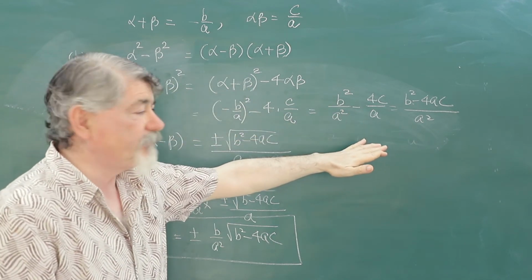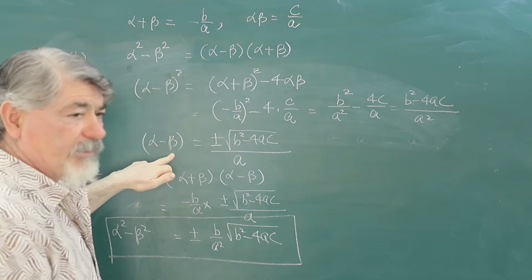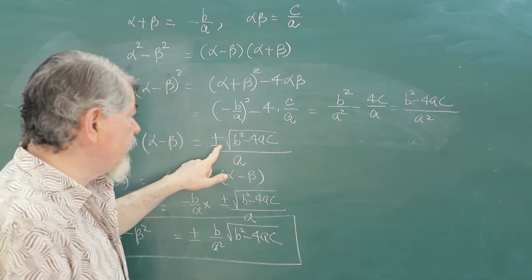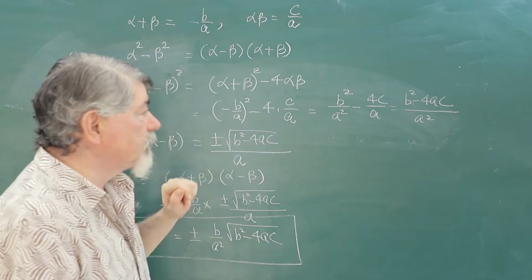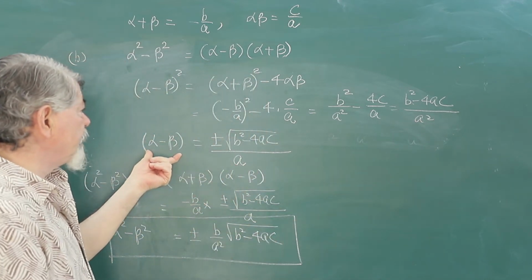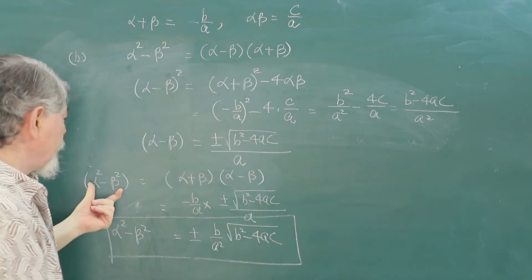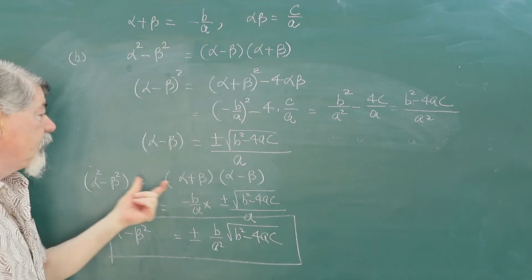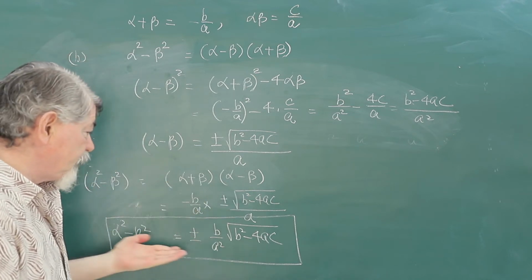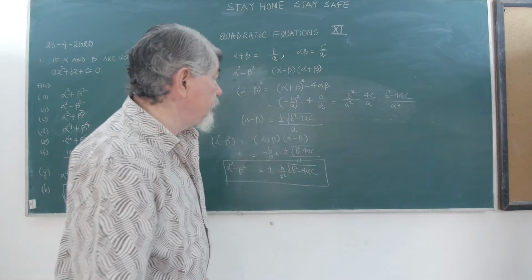Simple calculation we have done. It was to the power 2. So when we took out alpha minus beta, obviously when you take out the square root, you put plus minus under root b square minus 4ac, and this a square will become a. Now you've got alpha minus beta. Already alpha plus beta is known to you. So alpha square minus beta square will be alpha plus beta into alpha minus beta, and we put the values and we get the value of alpha square minus beta square.